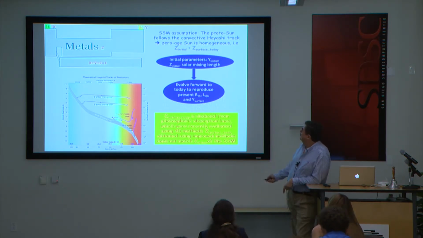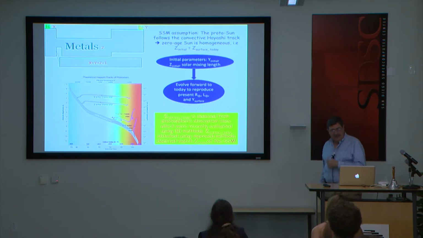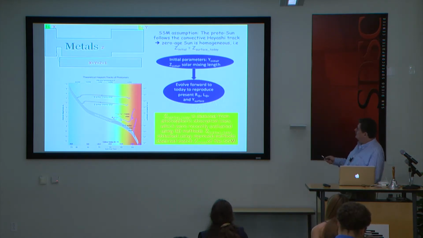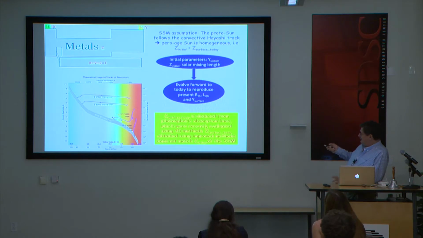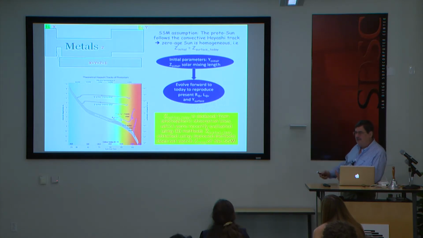So anyway, in the standard solar model, one assumes that the protosun, at the beginning, follows, and I'm not going to go into the details, what we call a convective Hayashi track. That is to say, the sun is homogeneous. That's the assumption. That means the metals in the original protosun are the same as the metals we observe on the surface of the sun today.